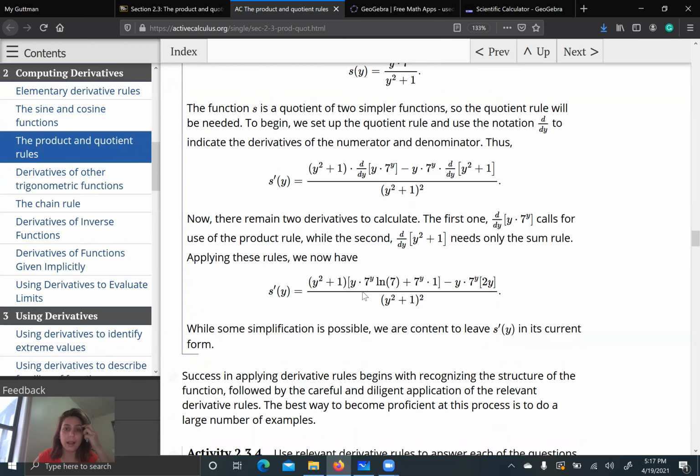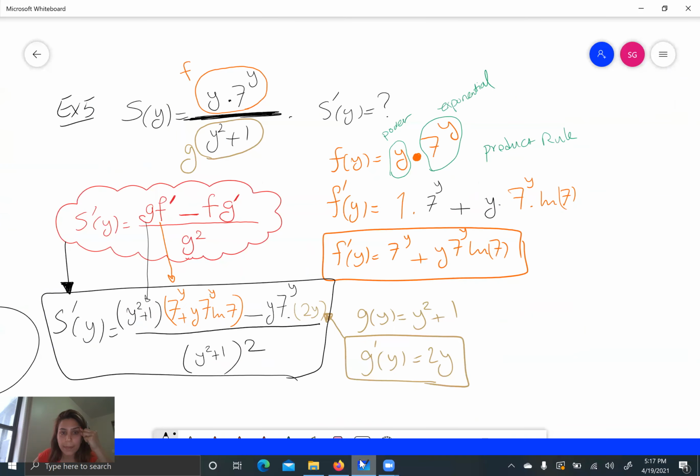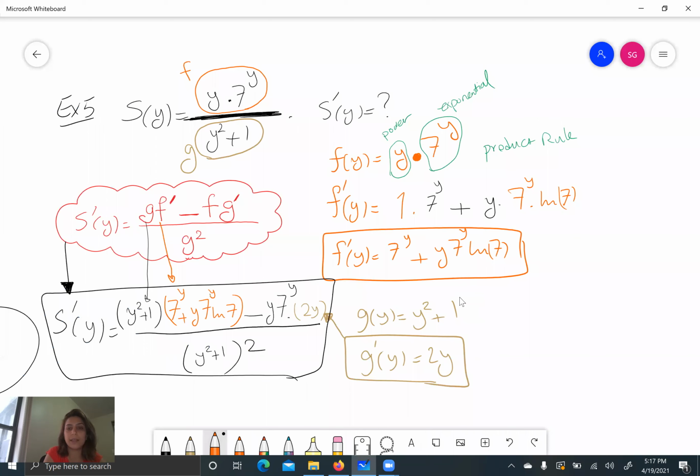And in the next line, it takes the derivative of the numerator. So this bracket is just the derivative of the numerator, which is the same as what we have here.